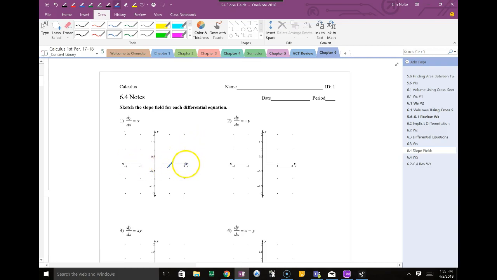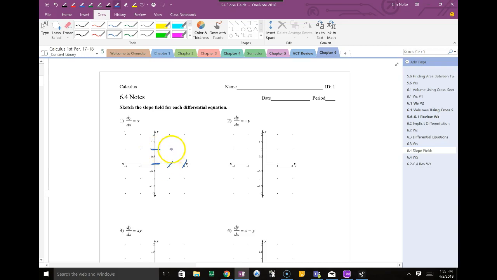Okay, then we can move on to the point (2, 0). My x value is 2, so that means my slope would be 2. Let's try the point (0, 0). My x value would be 0, so therefore my slope would be 0. At the point (0, 1), my x value is 0, so my slope is 0.